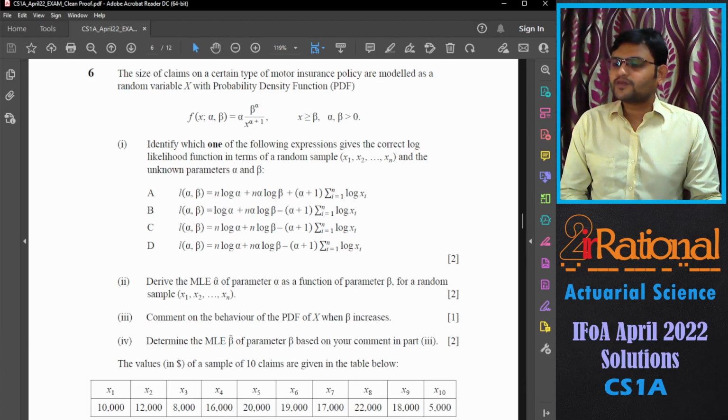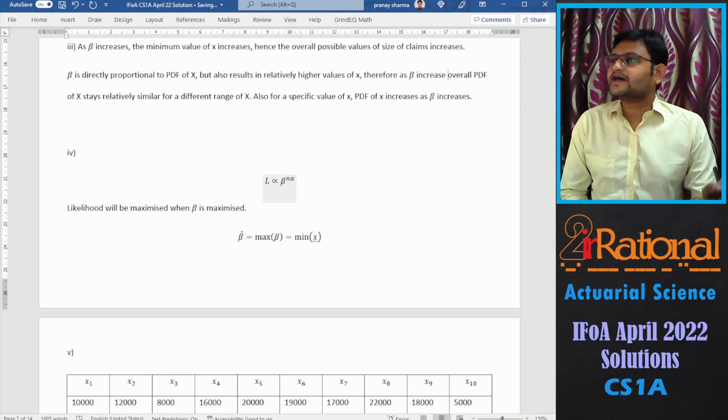Third part, comment on the behavior of the PDF of x when beta increases. So we'll say as beta increases, the minimum value of x increases, hence the overall possible value of size of claim increases. Beta is directly proportional to the PDF of x, but also results in a relatively higher value of x.